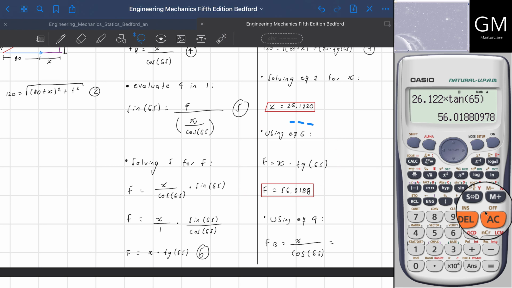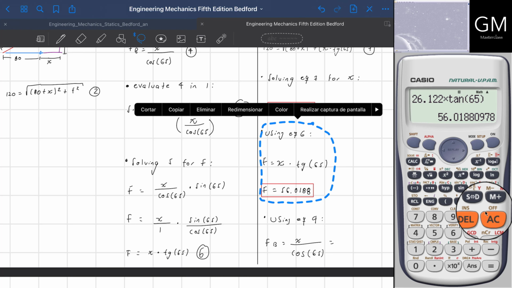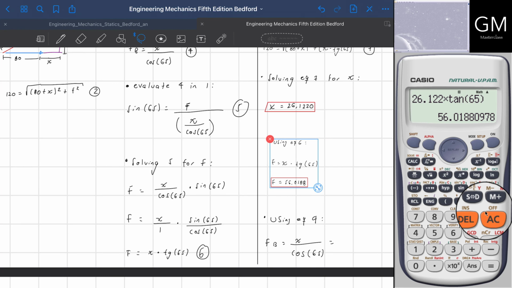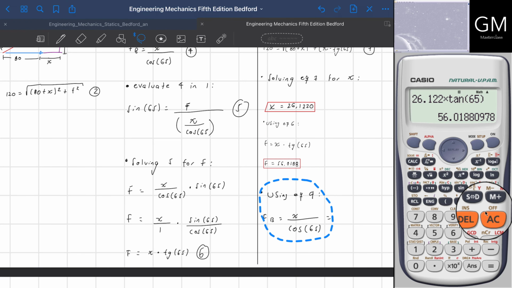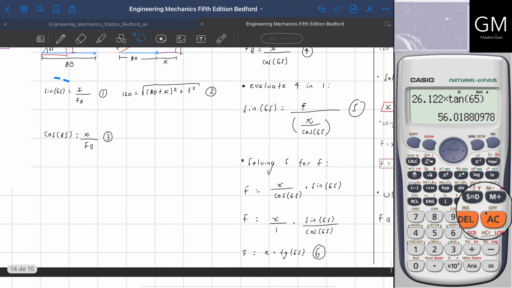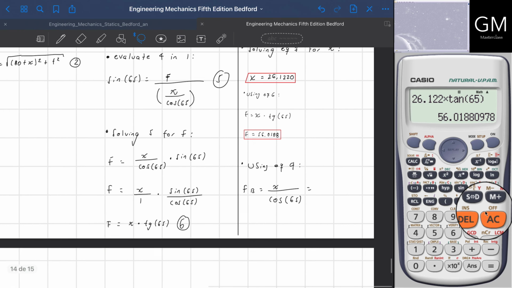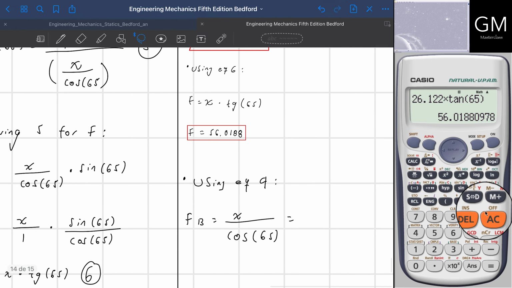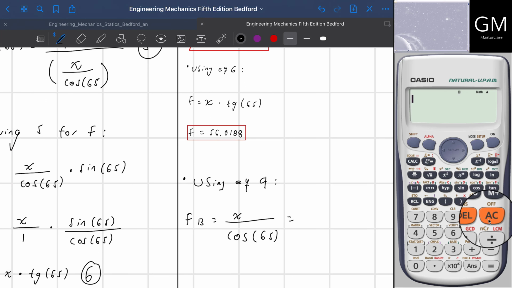Although I'm going to leave it right there because some of you may need to or want to look for this value if you are using maybe the first equation. So that would be how f could be found.